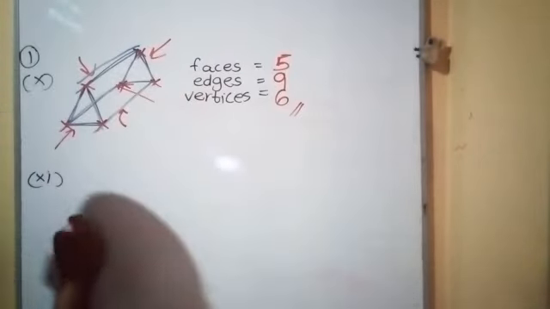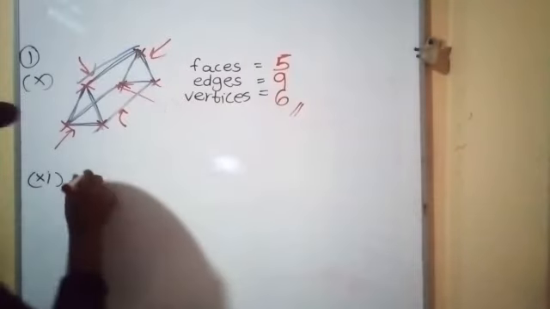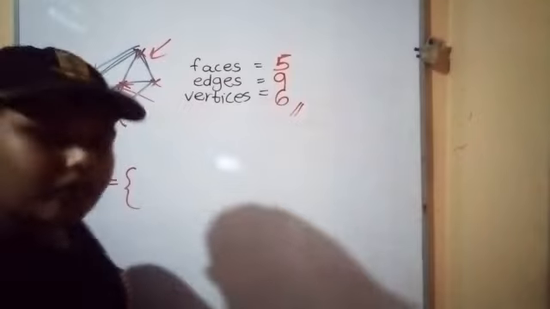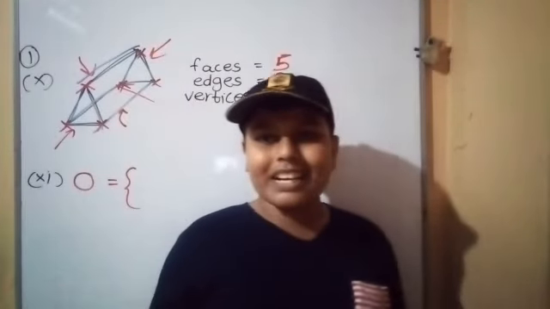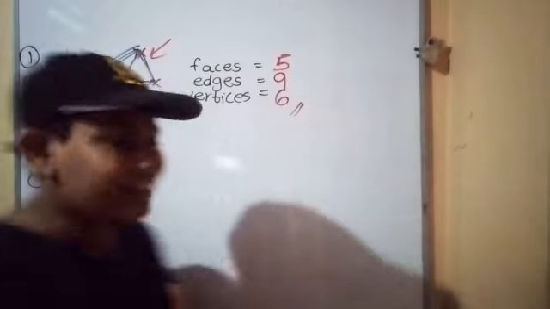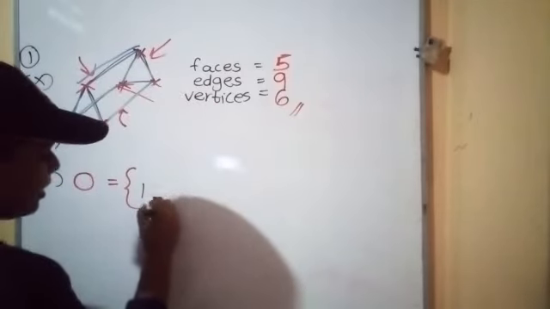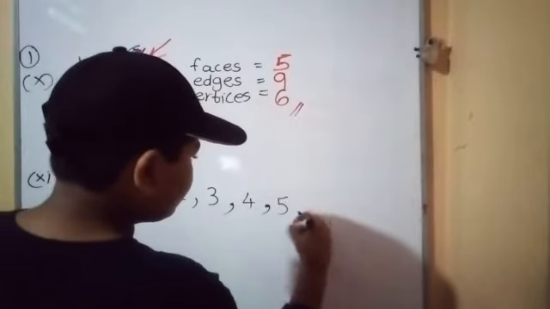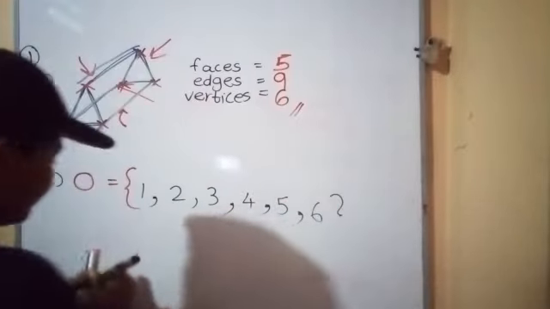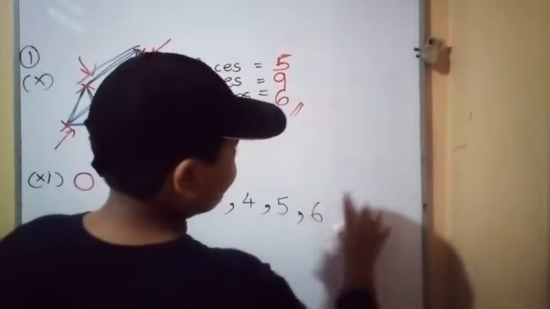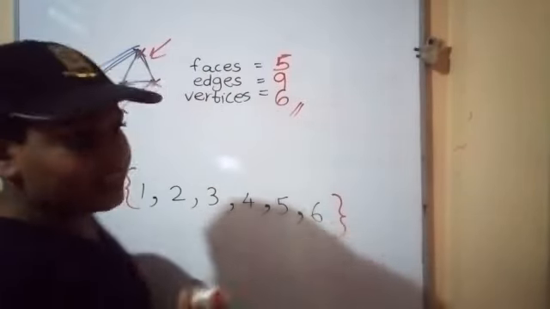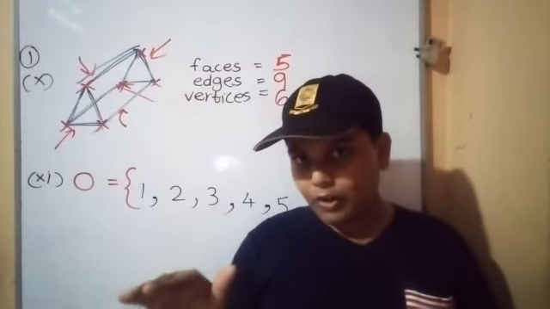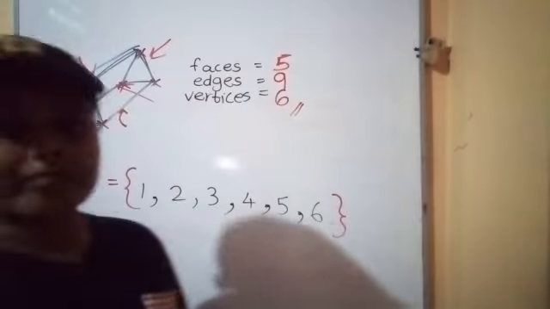You can write O for possible outcomes and keep a curly bracket. Now what are the elements? You know that a cubic die has 1, 2, 3, 4, 5, 6. Write that in here. Only these elements. The cubic die does not have 7, 8. No. They are on the top, that is the outcome.